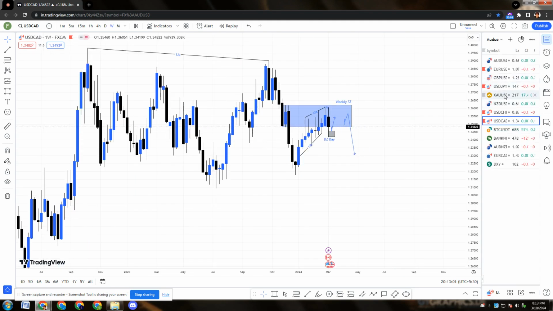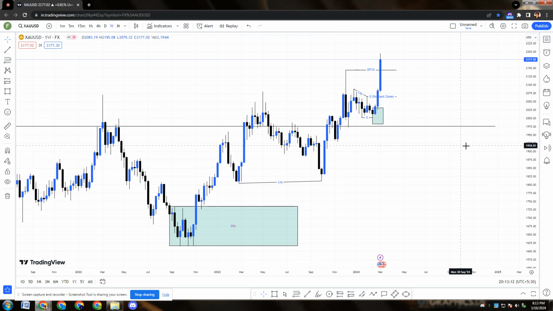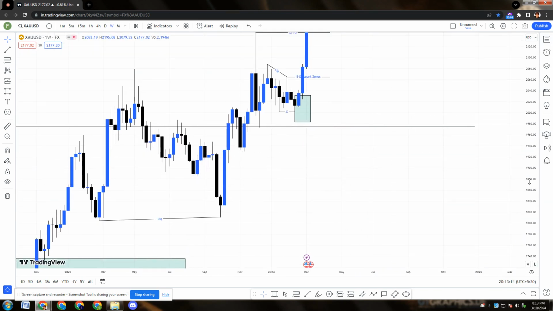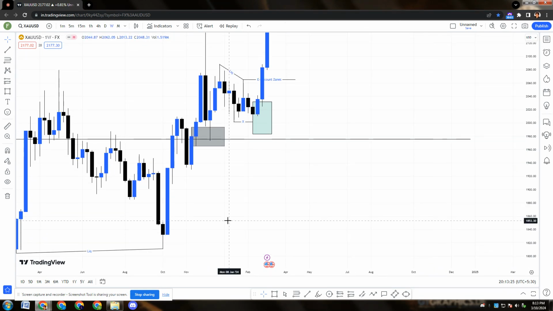I will mark it on another pair. I think this is Shao USD. Yes, this is Shao USD. As you can see, if the market is pushing higher with a leg, there are two points, the high and low between the candle wicks, which are also our supply and demand zones.